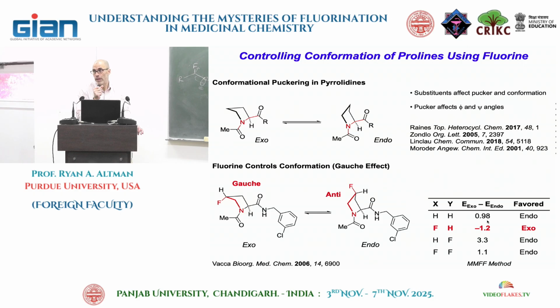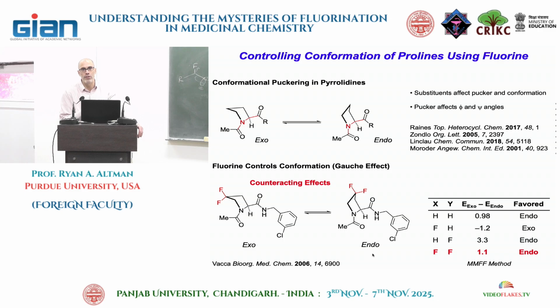Okay, it's a useful effect to control the conformation. If we want to reinforce the other conformation, the endo conformation, we can introduce the fluorine atom with the opposite stereochemistry. And that's going to encourage that to exist in the endo. Finally, if we put 2 fluorine atoms in there, they work against each other.